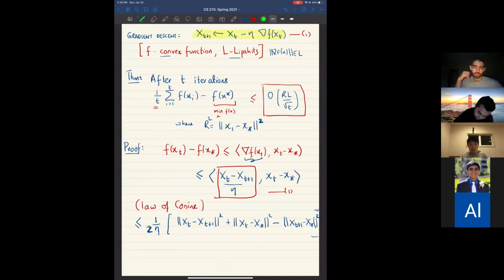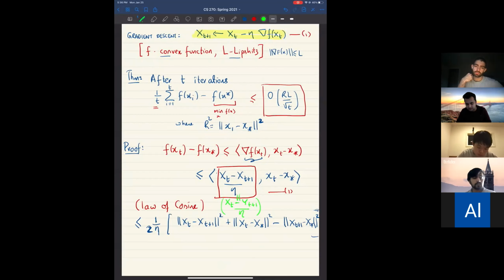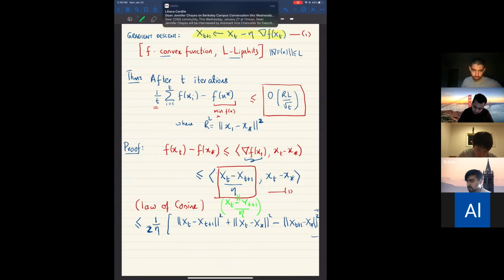Again, you start with the same expression, and then instead of xt minus xt plus 1, you write down xt minus yt plus 1. That's the only thing that changes. And then you apply the law of cosines to what you have here.